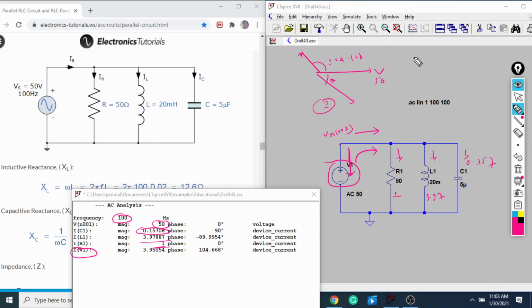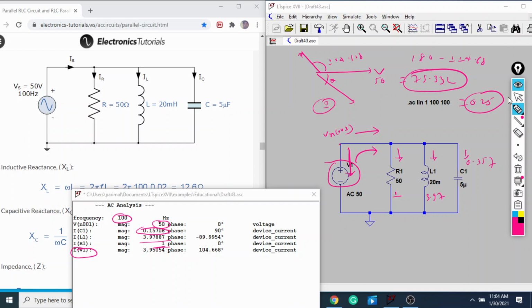Theta is 180 degree minus 104.668, it is coming around 75.332. This is the angle by which it is lagging, and if you take the cos of this, it is going to give you 0.25 power factor. This is the power factor at which it is operating.